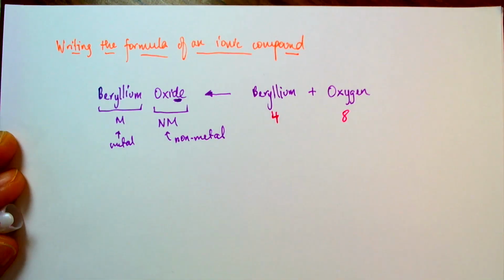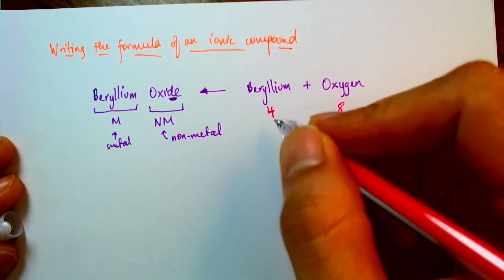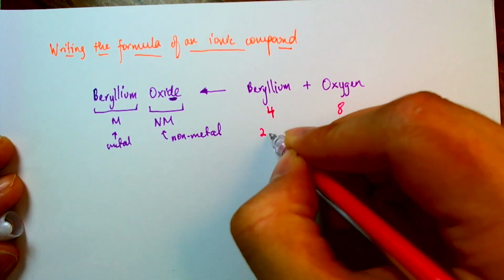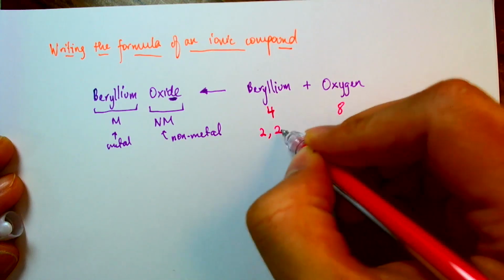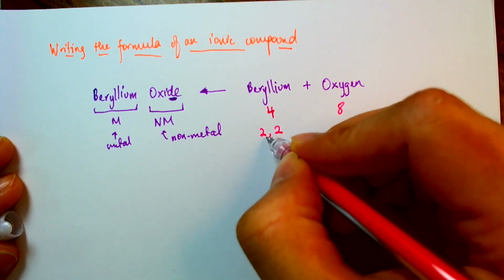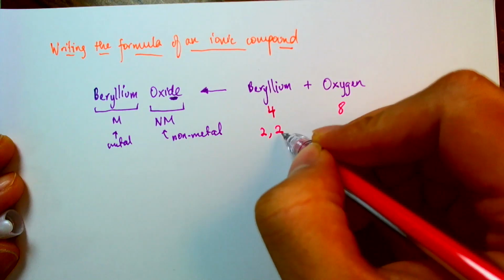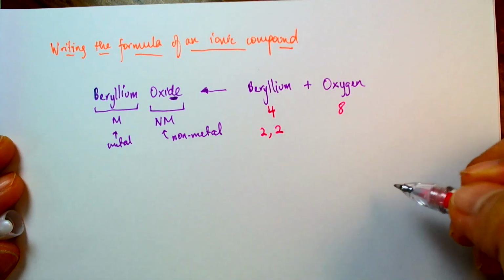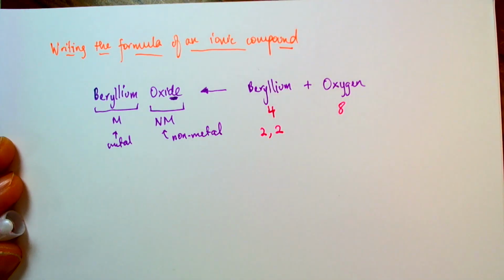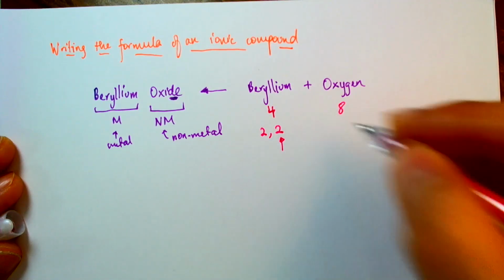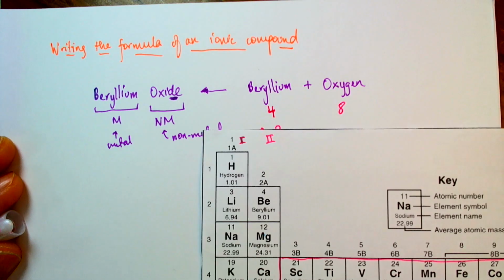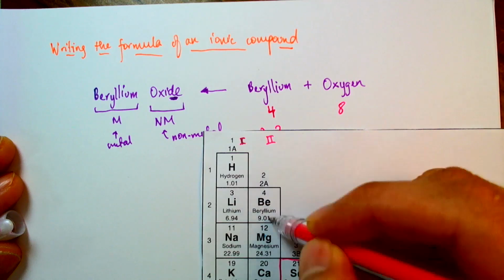And if I were to write out the electronic configuration for beryllium, I find that it is 2, 2. 2 and 2 makes 4, so 2 in the first shell. The next 2 have to go up to the second shell because the first shell can only hold 2 electrons, and indeed I find that it's got 2 electrons in the outer shell as predicted by its position in group 2.